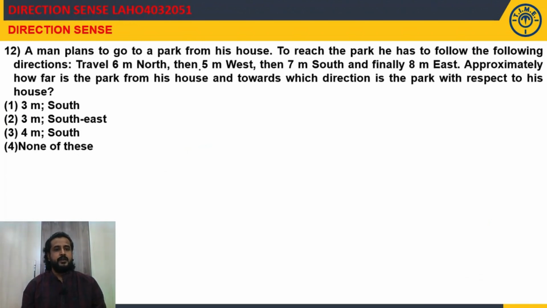12th one. A man plans to go to a park from his house. To reach the park, he has to follow the following directions. Travel 6 meters north. So let this be the house. 6 meters north. After 6 meters north, 5 meters west.